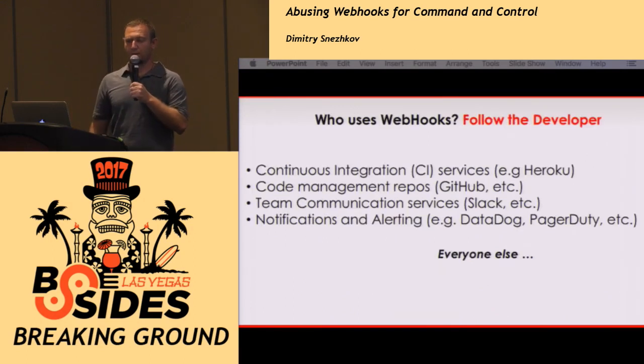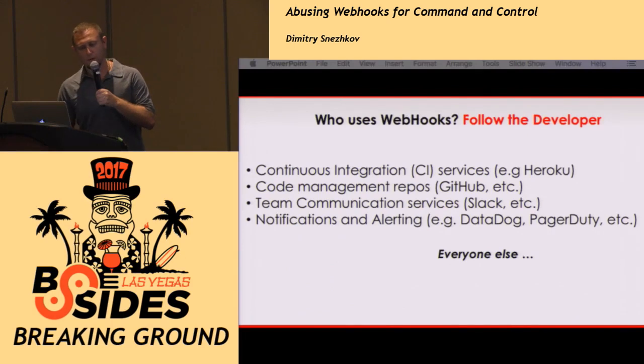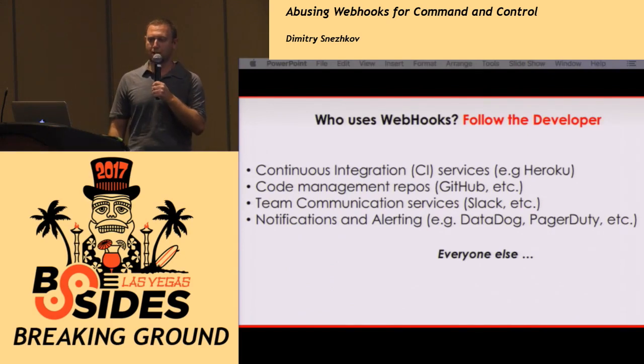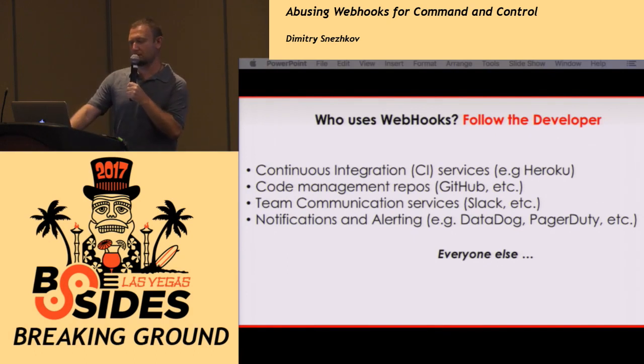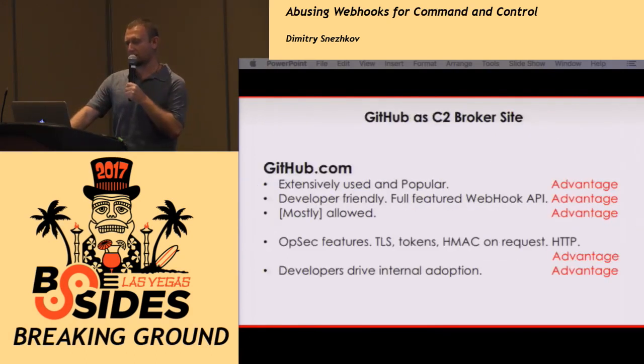Again, coming back to the webhooks, we're following the developer, thinking back to the environment and saying that, well, the developer uses exactly the same thing, right? The sites that we're talking about are Heroku, GitHub, Slack, any kind of notification sites. They may be really good candidates for a C2 broker.